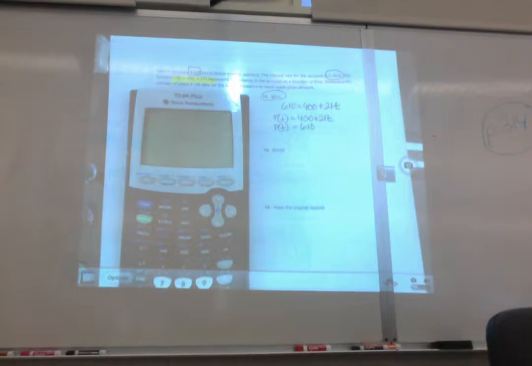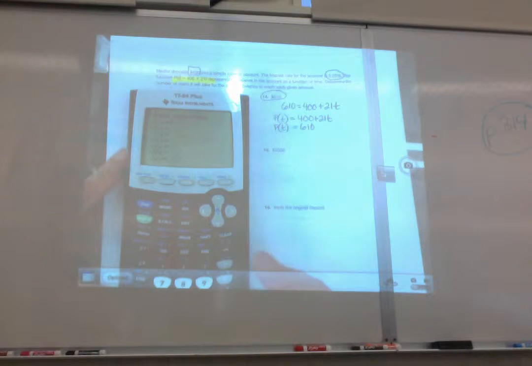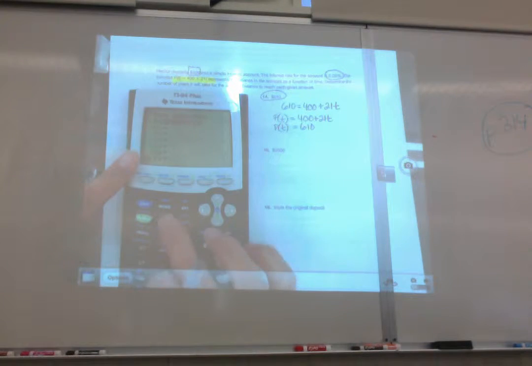Y equals, excuse me? I'm sure we could be smarter than a machine. 400 plus 21t, 610 in the second function, second calc, 5 for intersect.